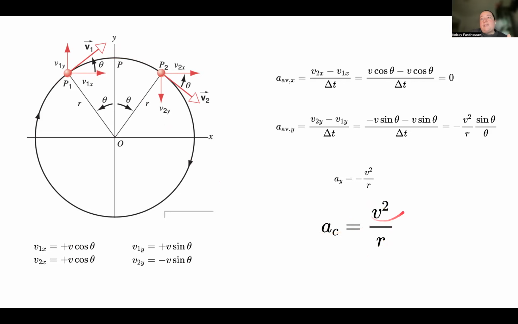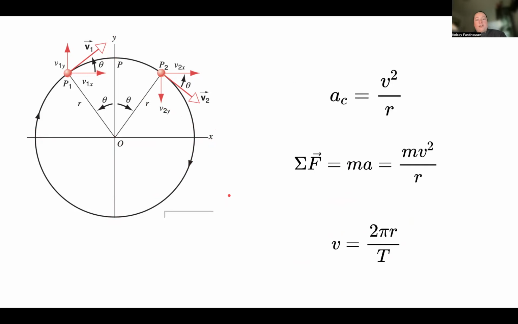It's given by v squared over r, and it points toward the center of the circle. So that's why there's not a negative sign. For this specific example there is a negative sign, but say if it was over here on the circle, it wouldn't be negative. Or if it was over here, it wouldn't be negative. But yes, that is the centripetal acceleration.